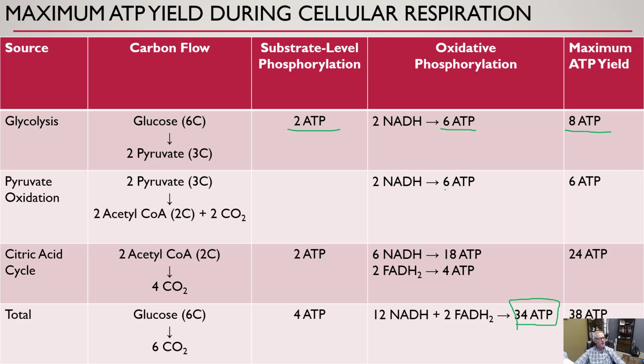In pyruvate oxidation, we produced 6 ATPs from the electron transport chain. In the citric acid cycle, we produced 2 direct ATPs and 22 indirect, for a total of 24. So in total, we produced only 4 direct ATPs and 34 indirect ATPs, for a total of 38 ATPs in cellular respiration per molecule of glucose.